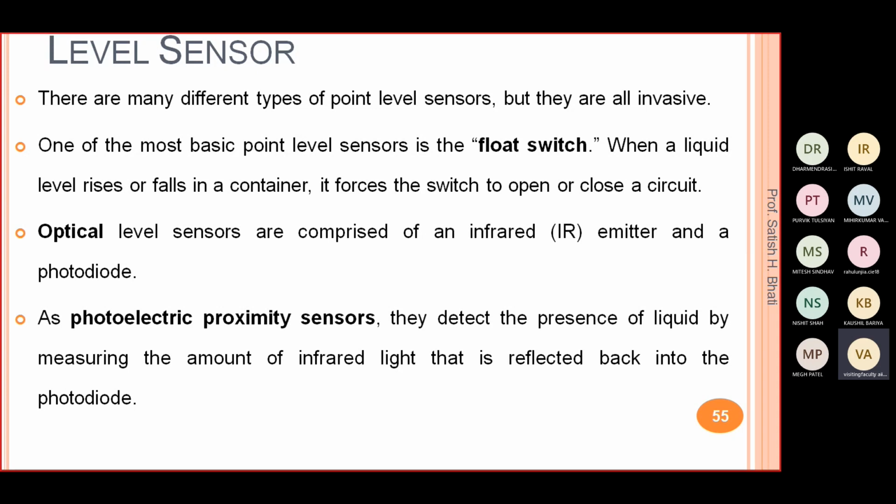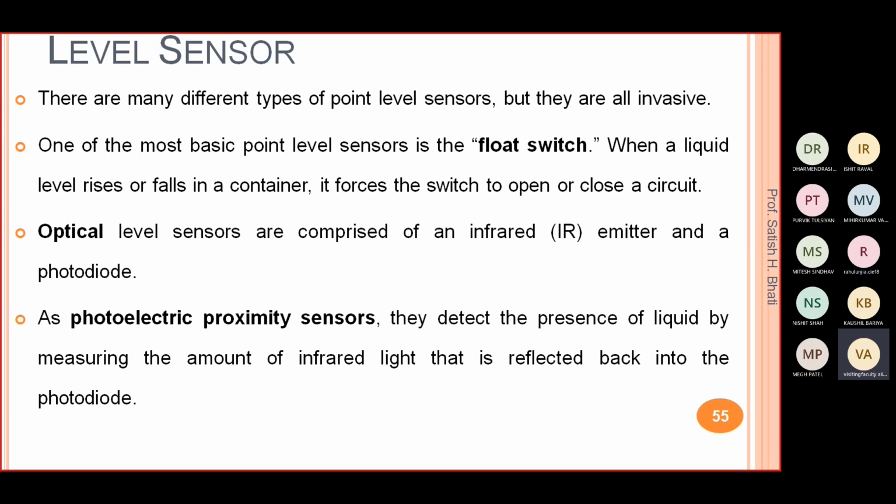You have two float switches, one at the bottom and one at the top. When the water reaches the upper one, at that time the motor will stop. When the water is no longer in contact with the lower float switch, it will switch on the motor, right? That way it will work.